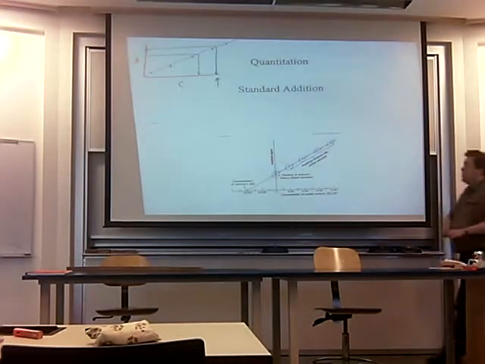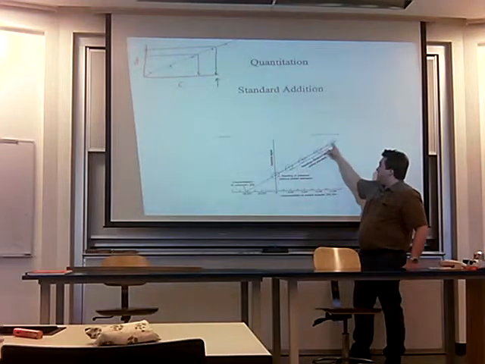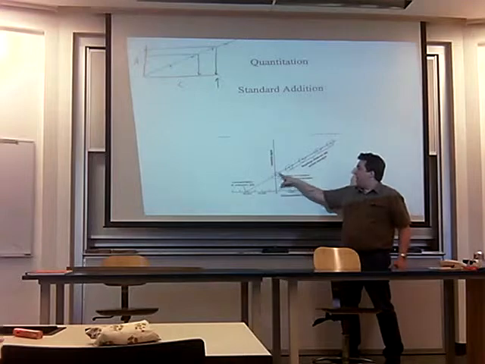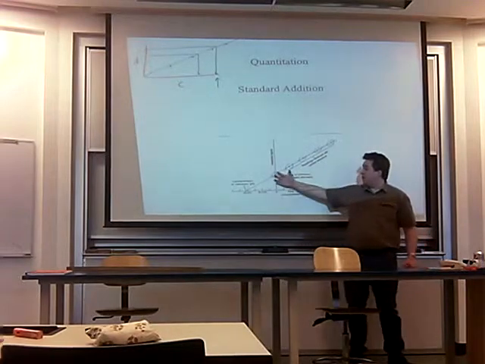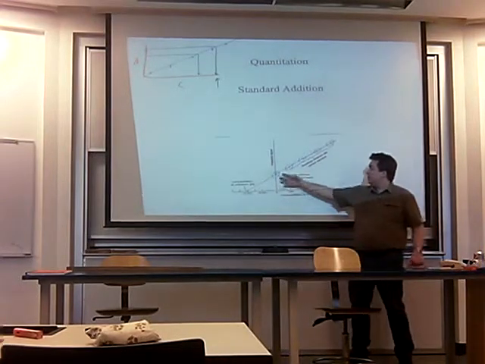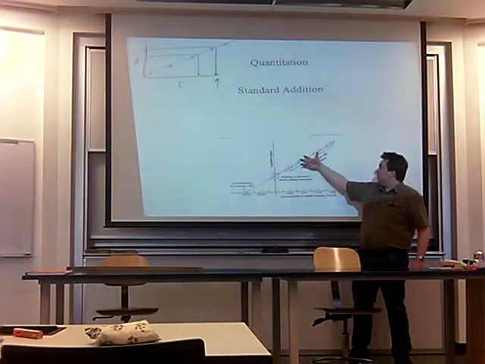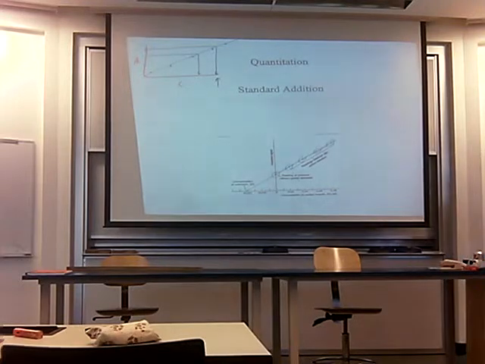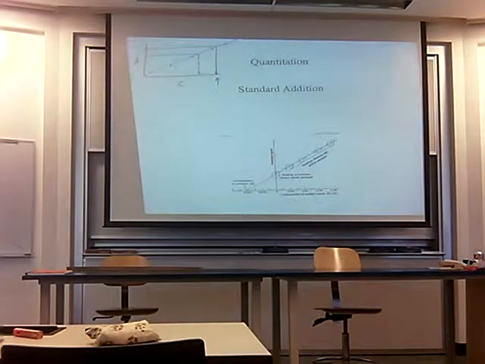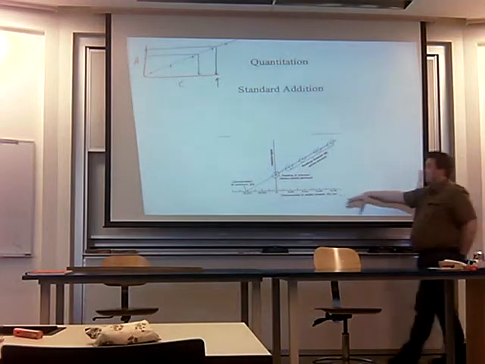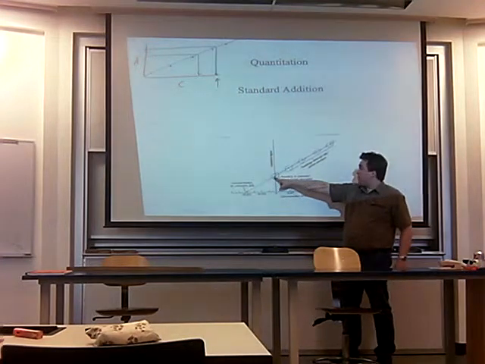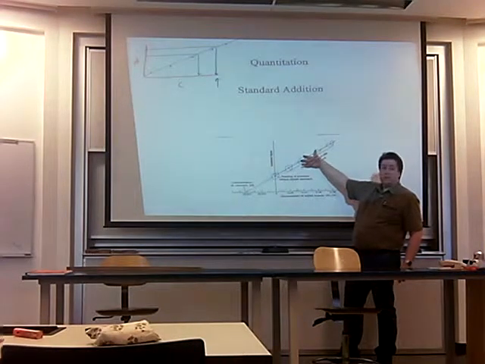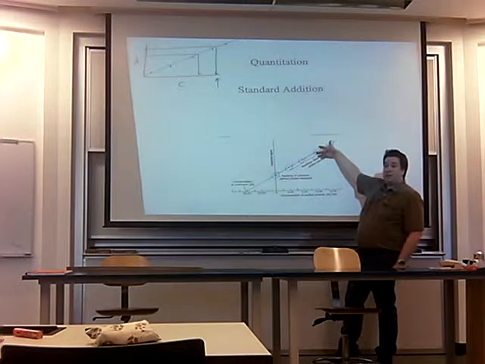What's different between them is how much standard we've added. So in your case, a couple weeks ago or a month ago, how much calcium. This one you added no calcium standard to, it just had whatever calcium was in the sample and the matrix. This one added some calcium, this one added some more calcium, some more calcium, some more calcium. And then they all had water added to them to bring them all up to a constant volume. So this one had the most water added, a little bit less because it had some standard added, a little bit less water because it had more standard added, even less water because it had even more standard, etc.